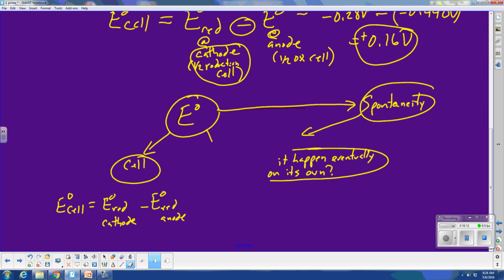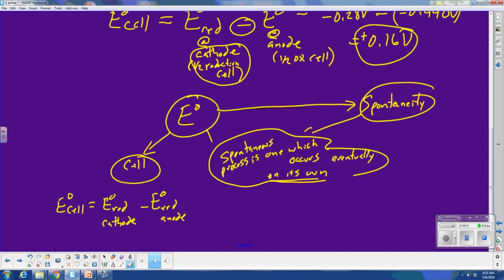What is a spontaneous process? A spontaneous process is one which occurs eventually on its own. That is a spontaneous process.